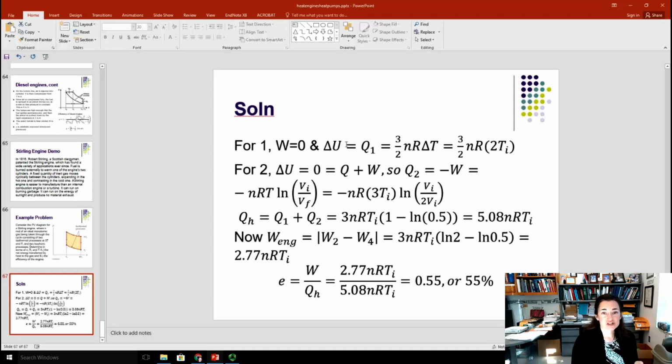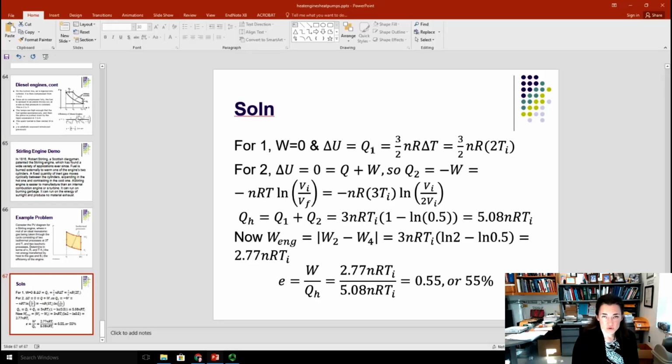Now, the change in the internal energy of an ideal gas could be written as, for a monatomic gas, 3/2 nR times delta T. Okay? This is due to the equipartition of energy theorem. So the change in the temperature is going between isotherms Ti and 3Ti. So if you're trying to take a delta of that, then the delta T would be 2 times Ti.